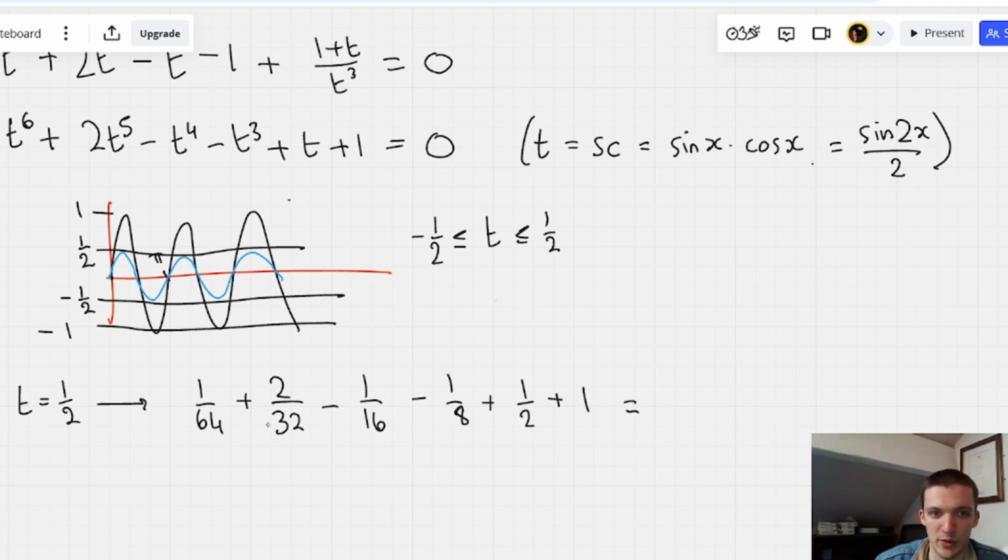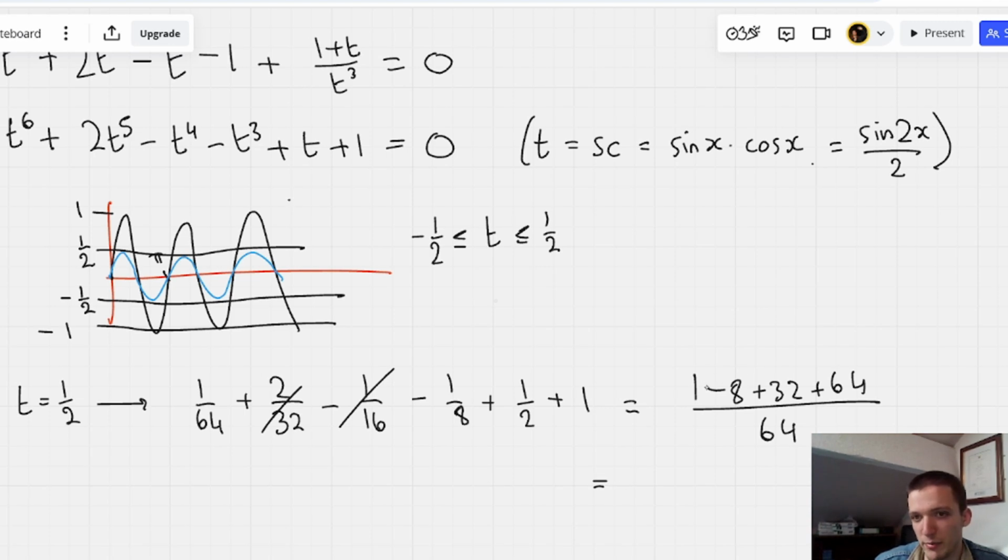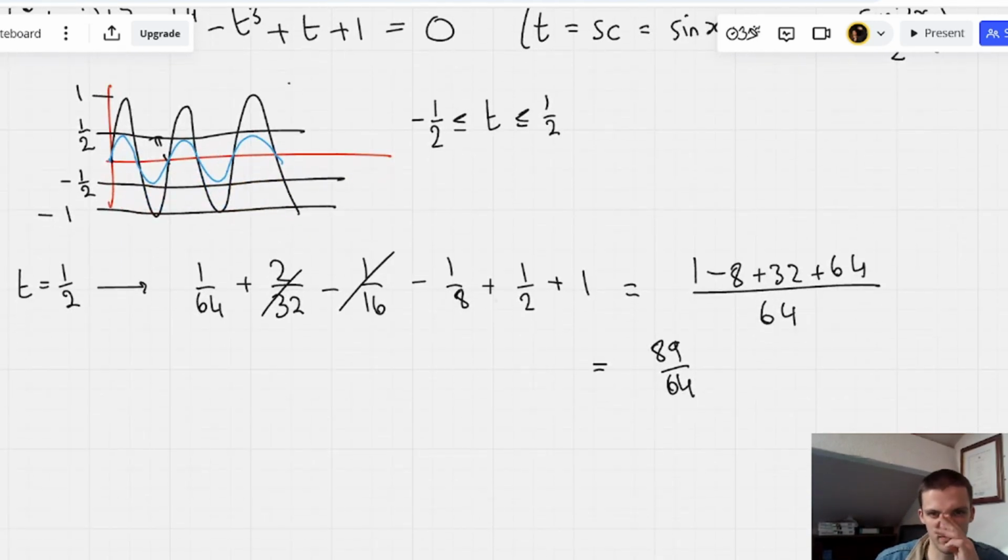These cancel out because they are the same thing. That's 1 minus 8 plus 32 plus 64, all over 64, just giving a common denominator to all the fractions and adding them all together. 1 minus 8 is minus 7, 32 minus 7 is 25, 64 plus 25 is 89 over 64. So when t is 1/2, our polynomial works out to be 89 over 64.